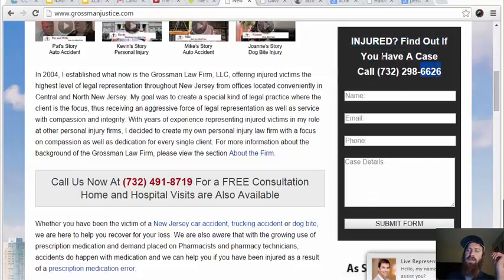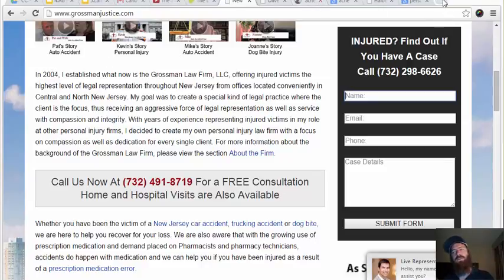See, they're going for the consultation right away: "Injured? Find out if you have a case, call this number," when they could have said, "Hey, let us send you some information on how you can solve your case." If you empower the customer, they're going to come back to you. So that's the whole point.